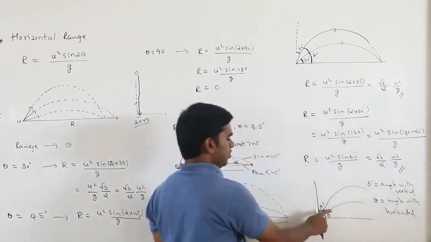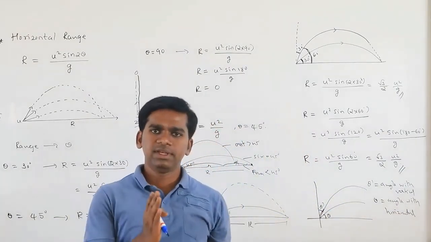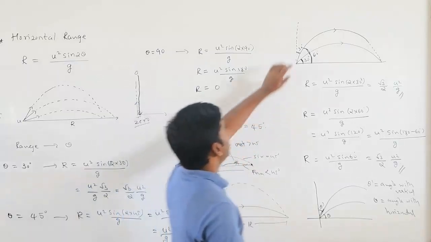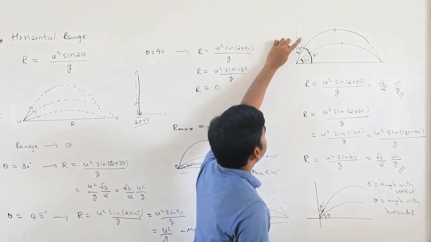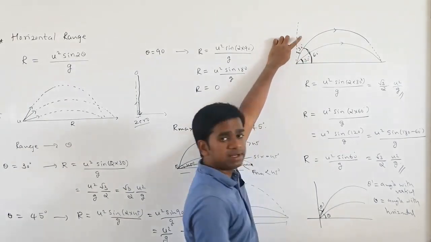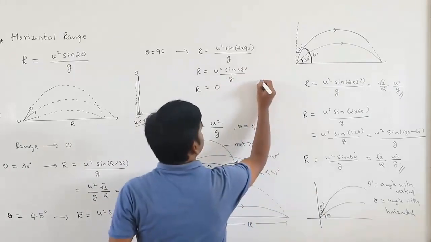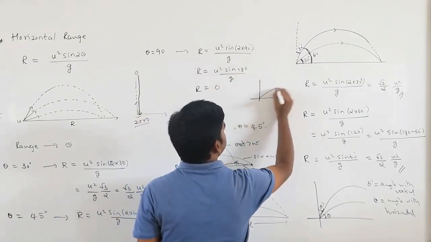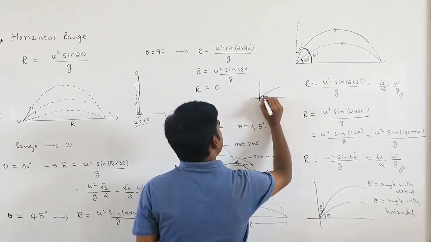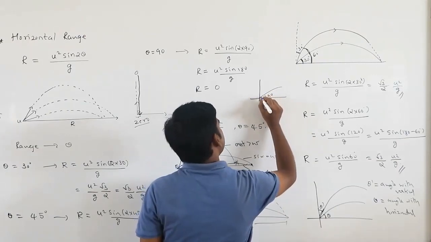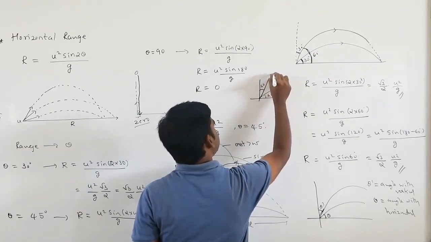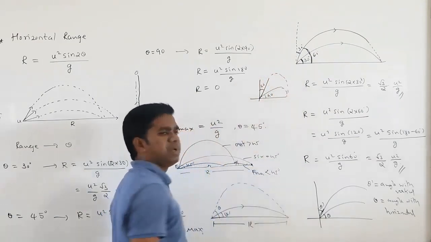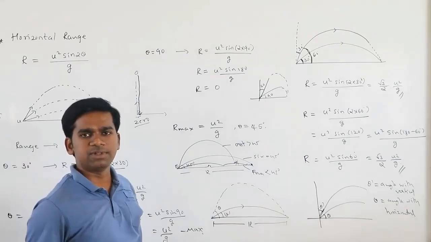Suppose if angle theta is with horizontal and you are getting a range of some 100 meter, the same angle with vertical also gives you 100 meter only. If you want more clarity, say this is 40 degree, then another ball making 40 degree with the vertical will reach the same place, the same horizontal distance.